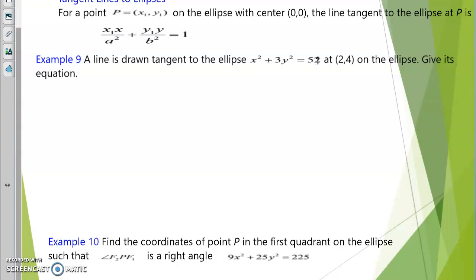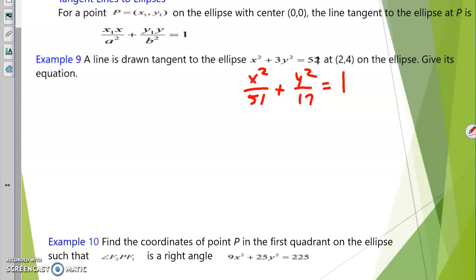Let's move that back in there. I moved that so it would come out to relatively nice numbers. Again, we want this to be 1 on that side, so when I simplify it, I'm going to have x squared over 51, y squared over 17 equals 1.